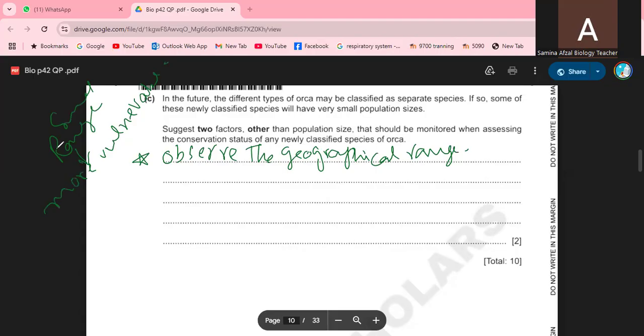If their limited habitat is threatened by environmental changes like climate change, pollution, or other activities, the entire population could be at risk. So the geographical range should be observed, and it should be extended to save them.